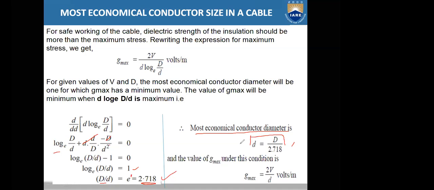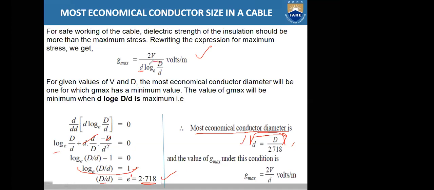Now if you substitute this d value in the expression for Gmax, in place of log D by d to the base e you can write 1.